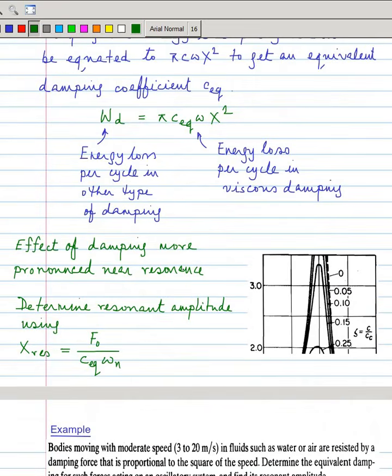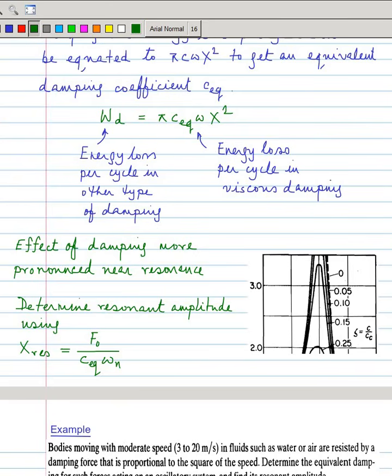And this equivalent viscous damping coefficient can be used to find the amplitude at resonance for cases where the damping is not viscous in nature. So this is a way to approximate other types of damping by viscous damping.